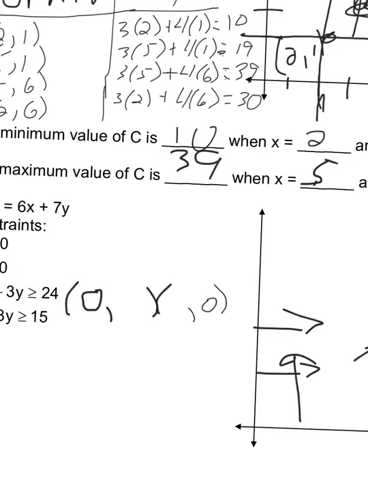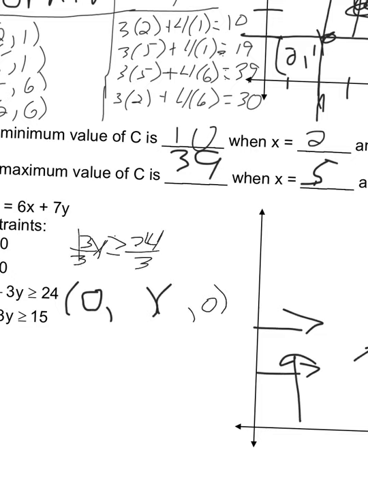Okay, so if I do that, I plug in 0 for x, that's 4 times 0, which is 0, then 3y. So on this first one, 3y is greater than or equal to 24, divided by 3.